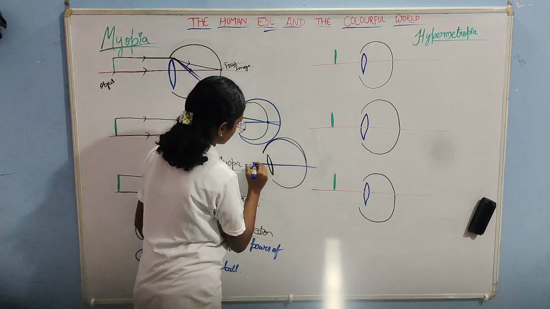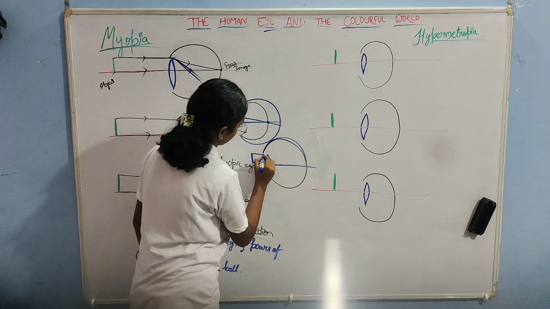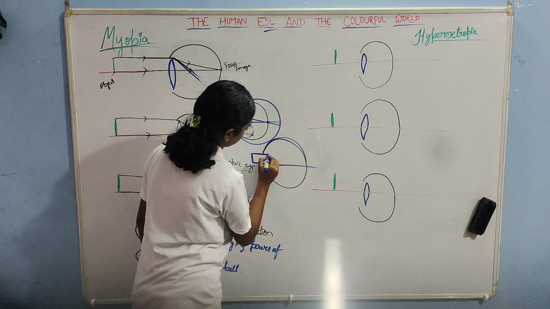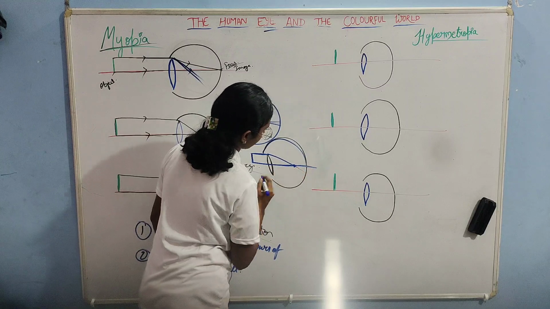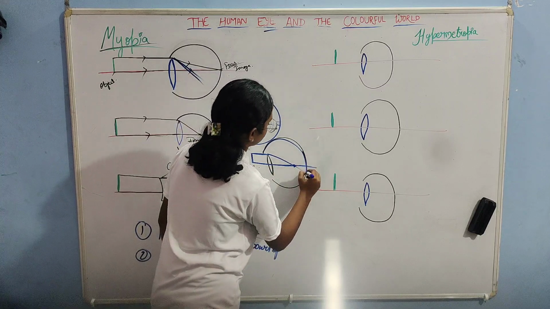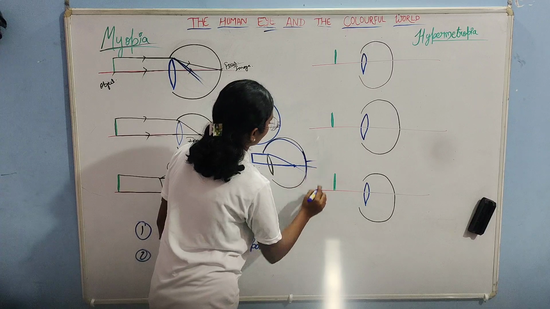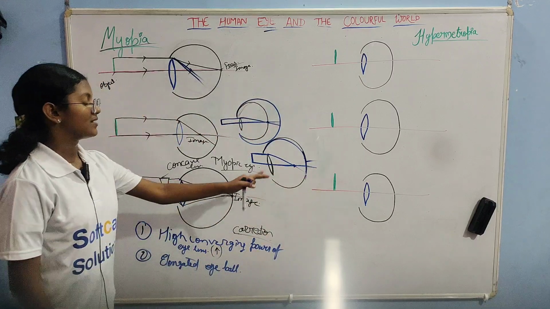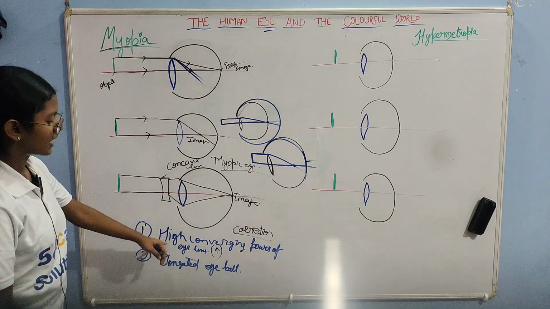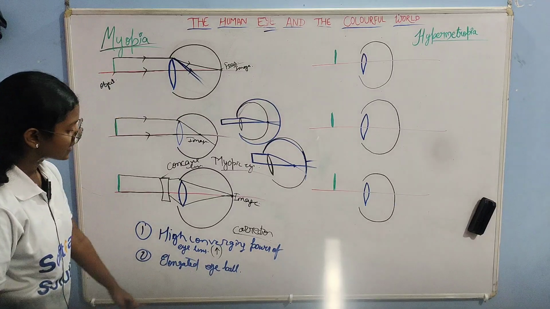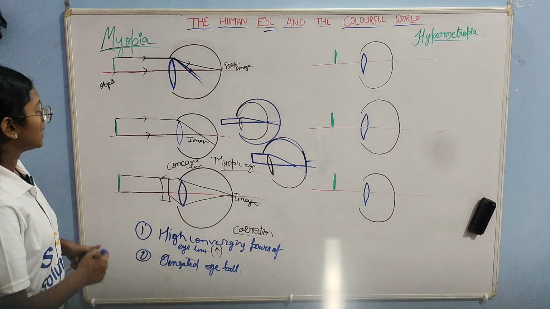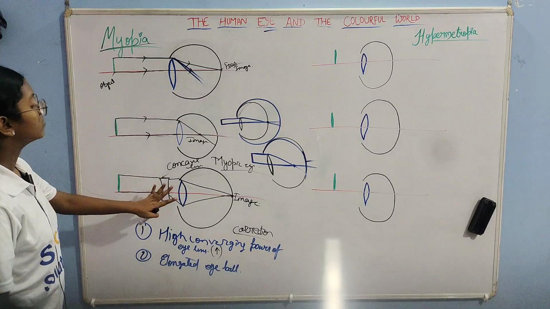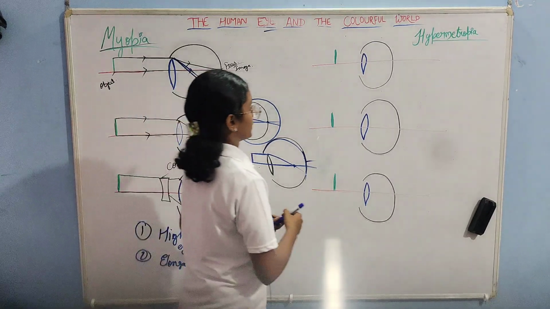In that situation, the rays coming from the object will diverge here and the image will form here. That means the image is not forming on the retina. These are the two reasons. First is high converging power and the second is elongated eyeball. And that can be corrected by using a concave lens of required power.